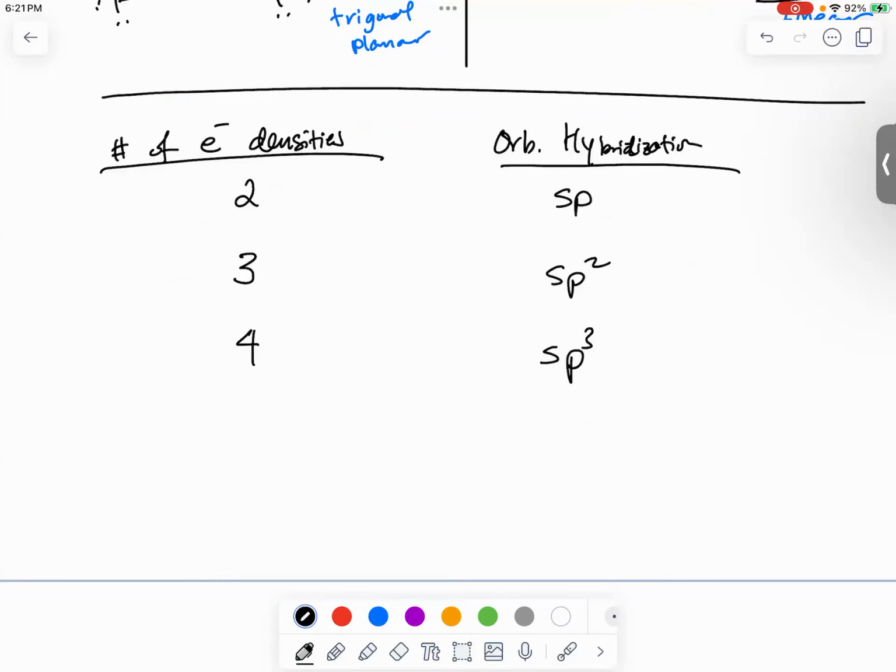So 2, 3, 4. Now we could have 5 and 6 electron densities, and let me put an asterisk next to it. These situations happen when we exceed octet. Then what will be the hybridization? I'm going to hold on this and leave these two blank for now, and we'll come back to this. If you say, is it sp4? I would say no, it's not sp4. But we'll get to that in a moment.